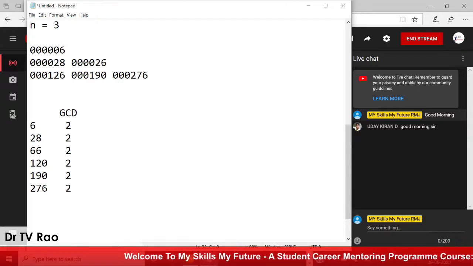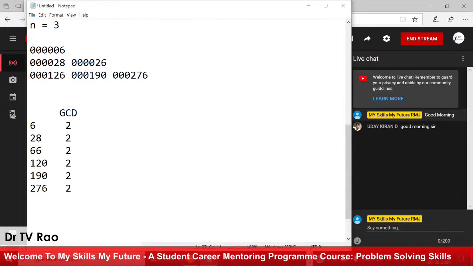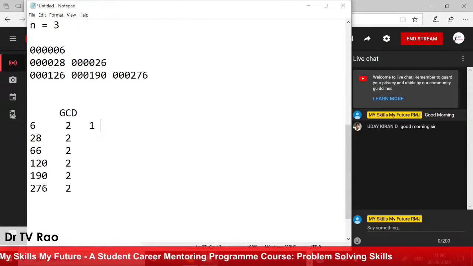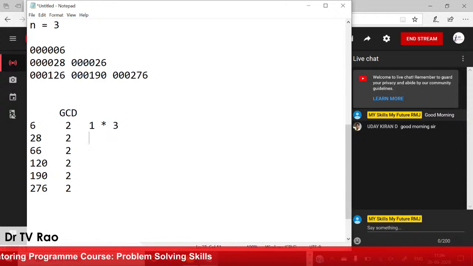Now, what is left? 3 is left. So let us write 3 as 1 into 3. Here, 2 sevens are 14, so let us write this as 2 into 7. So you can see that a pattern is emerging.